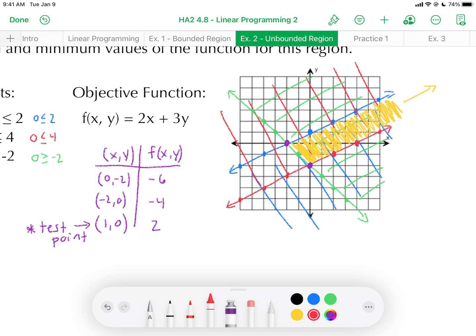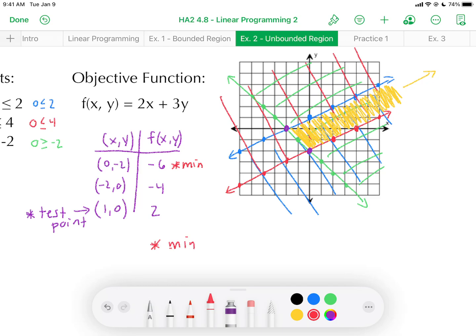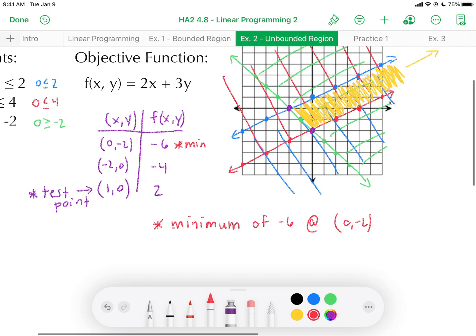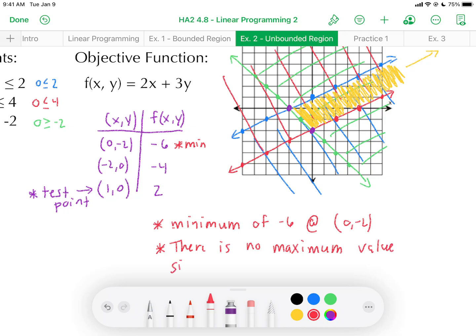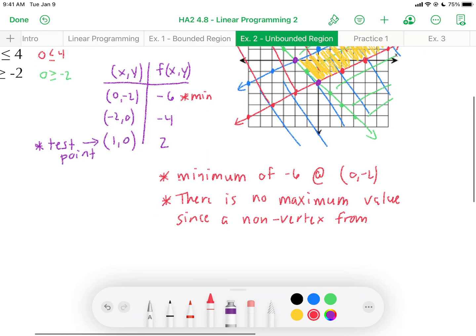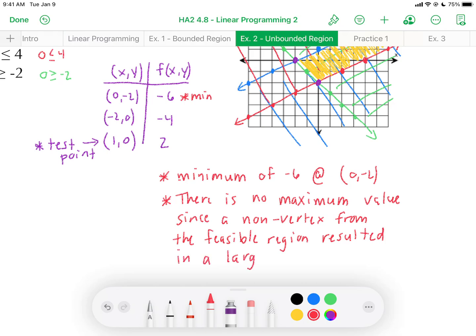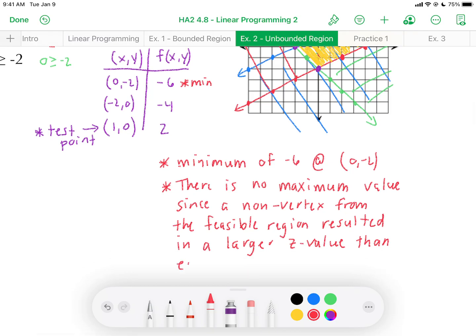And what I can say here is that this is my minimum value: I have a minimum of -6 at the point (0, -2). And then I would say there is no maximum value since a non-vertex from the feasible region resulted in a larger z-value than either vertex.